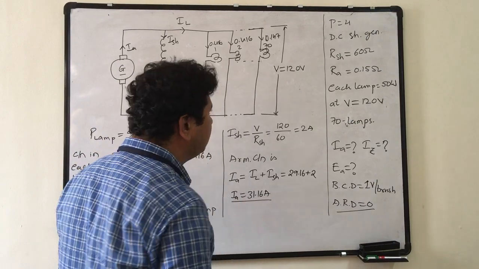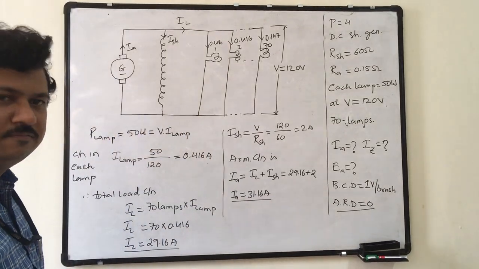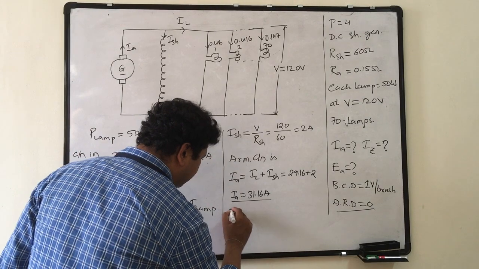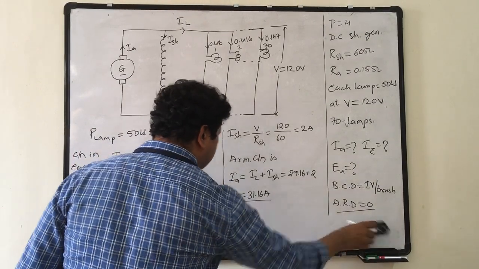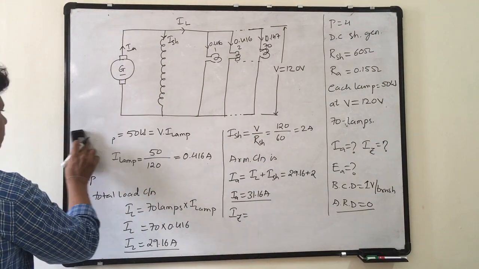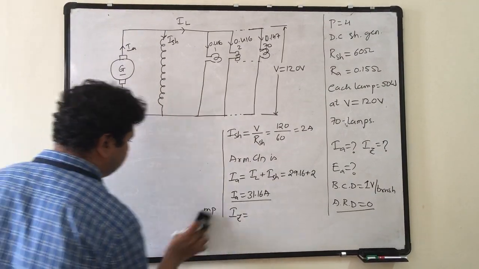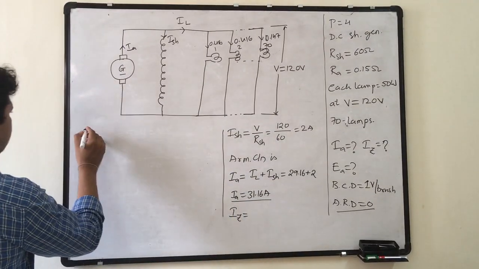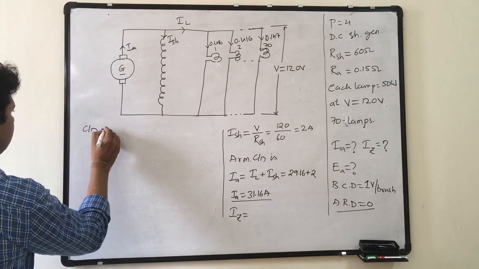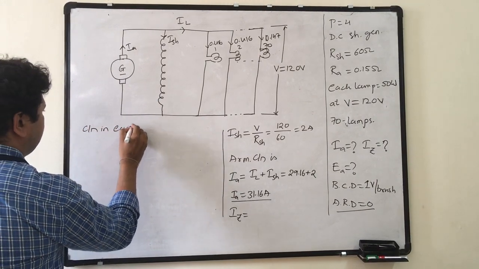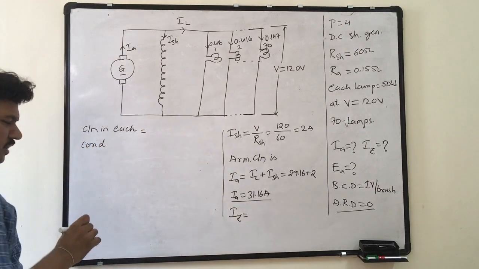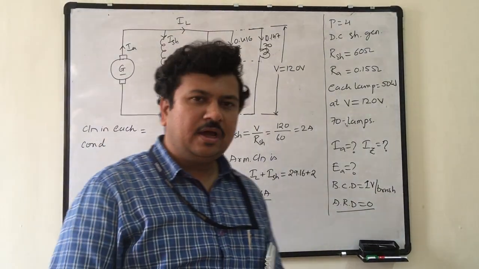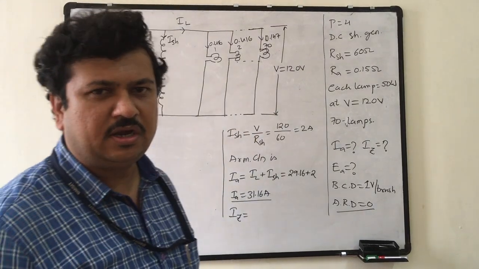Now what is the current in each conductor? See, all the conductors are not placed in series in the entire winding.